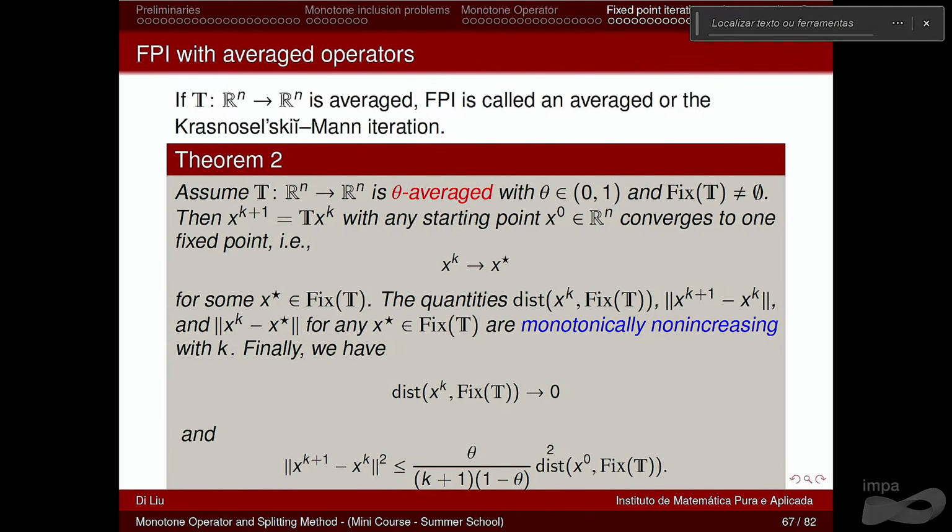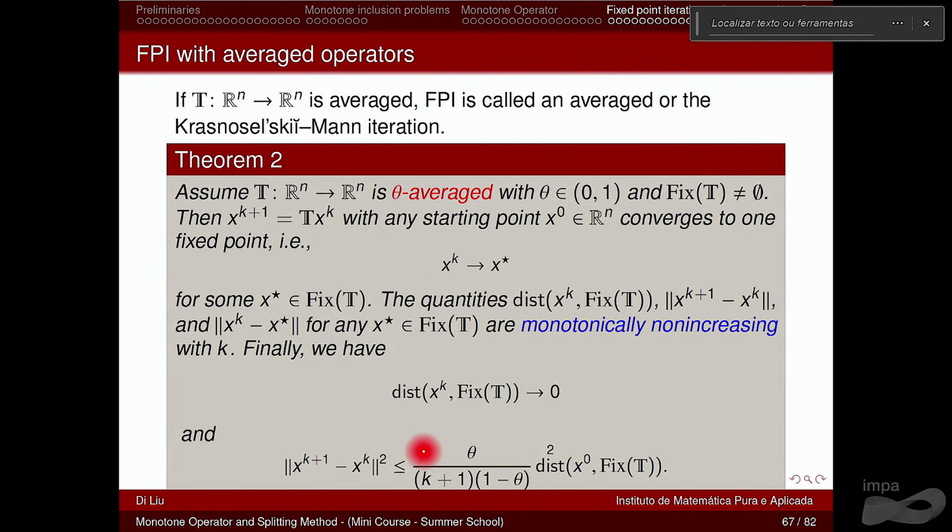First, the distance from xk to the fixed point, and the norm of xk minus the solution, all of them are monotonically decreasing. Furthermore, finally, the distance between xk and the fixed point set goes to 0.